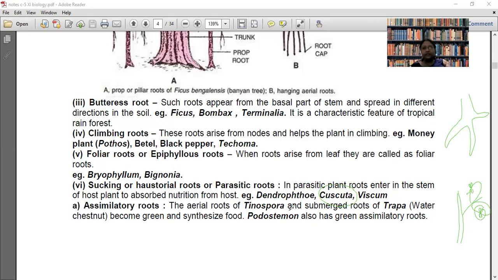They do not get soil because they are present on the branches of the trees. So obviously they do not have soil to penetrate. So in their case, the root itself is green in color and it is helpful for photosynthesis. Such types of roots are called assimilatory roots. Okay, let's move ahead.